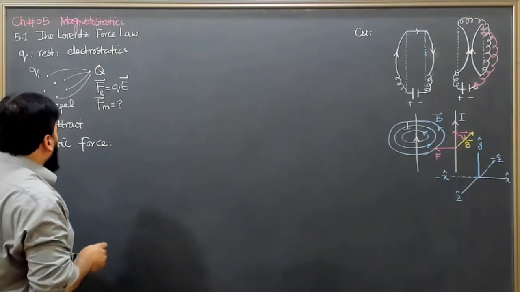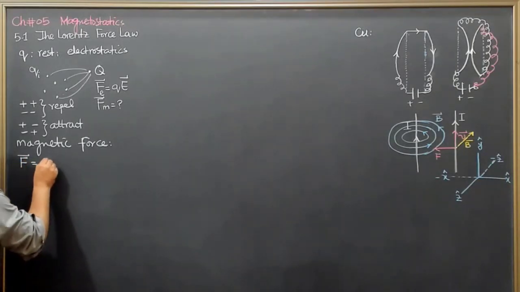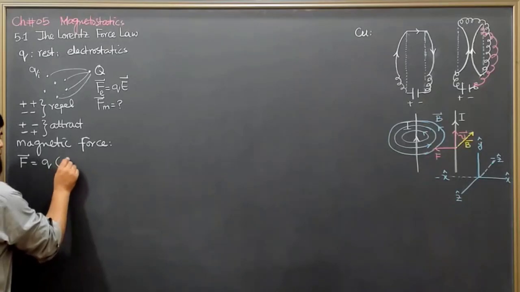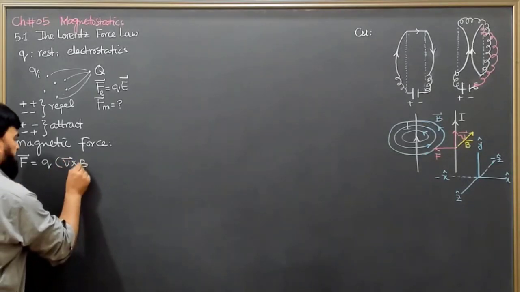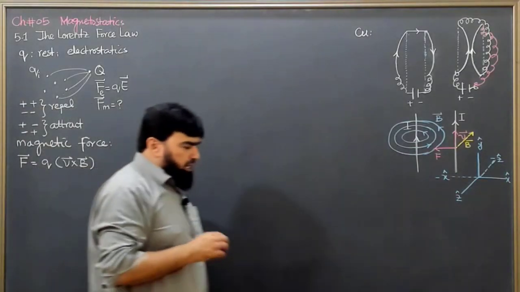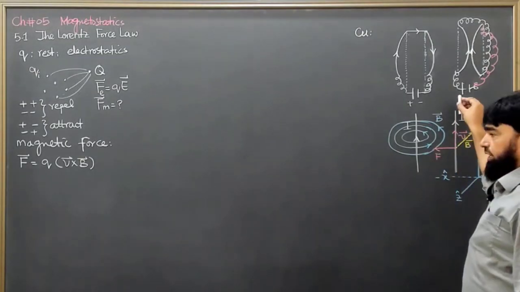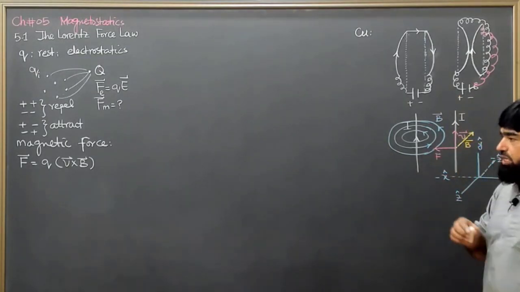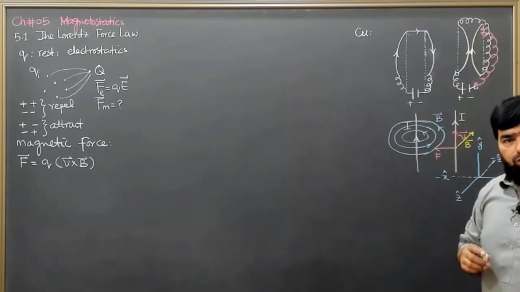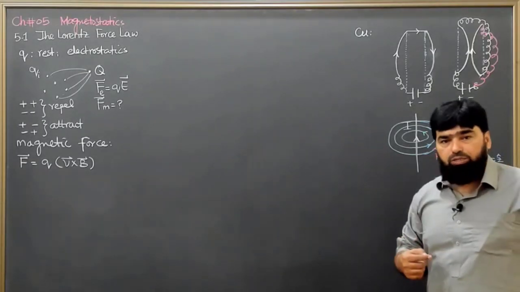This magnetic force is given by the Lorentz Force Law: F equals Q, V cross B. V is the direction in which the charged particles are moving, and B is the magnetic field which is generated due to that movement.